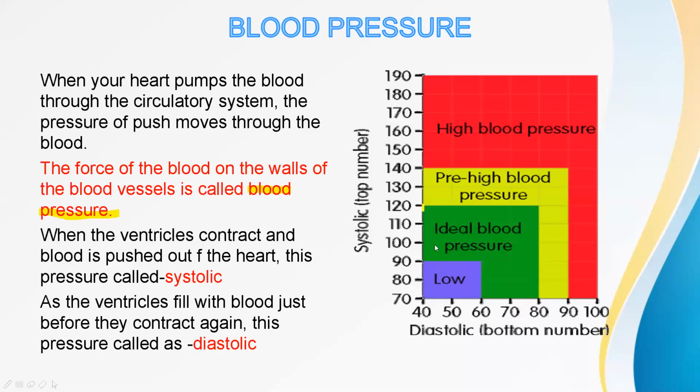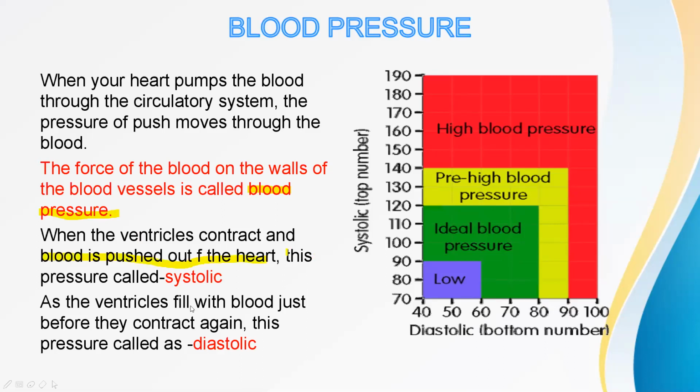So what is this 120 over 80? We're going to talk about it soon. When the ventricle contracts and blood is pushed out of the heart, meaning when the heart pumps the blood, this pressure is distributed throughout the arteries. All the artery walls get this pressure.